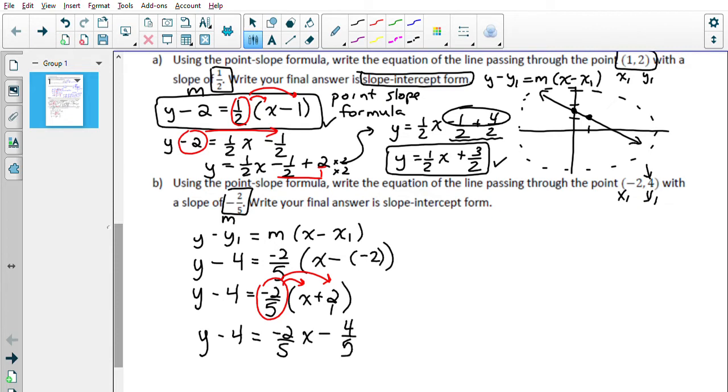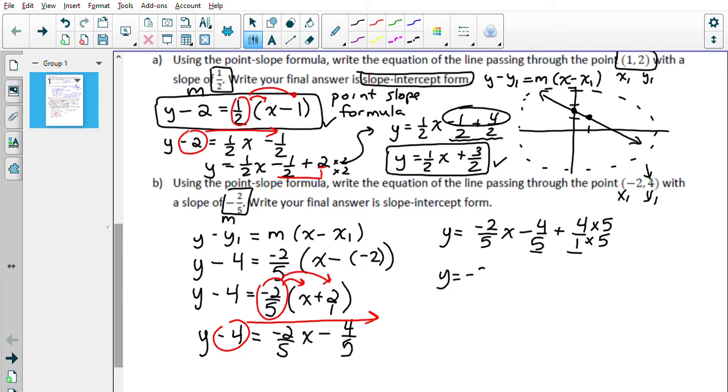-4/5. Then we take this 4 to the other side, and it becomes adding. So then I will get y equals -2/5 x. You have a -4/5, and then you put plus 4. That 4 is a 4/1. I need to match the denominator. So I multiply 5 on top and bottom.